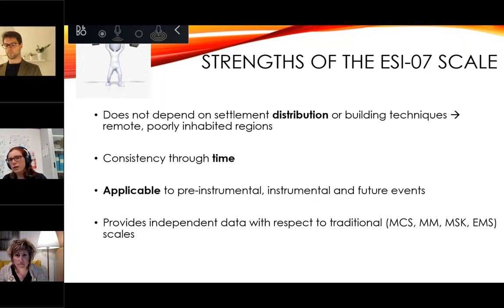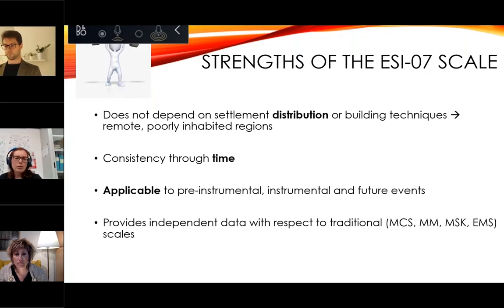So this means that this kind of scale, or in general, the analysis of natural effects, can be applied to earthquakes that occurred in pre-instrumental, instrumental times, and even in the future. So one of the outcomes is that natural environmental effects provide independent data with respect to traditional scales.